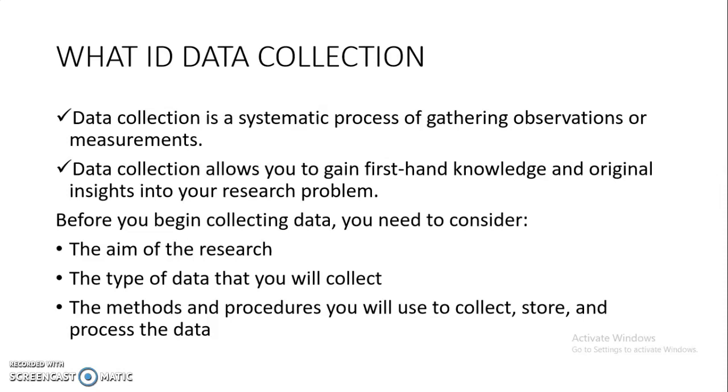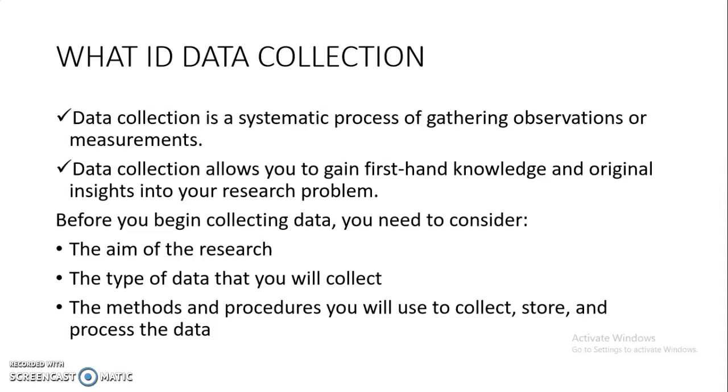Therefore, before you collect data, or if you want to begin collecting data, you need to consider the following aspects: the aim of your research, the type of data you intend to collect, and then the methods and procedures that you will use to collect, store, and process your data.